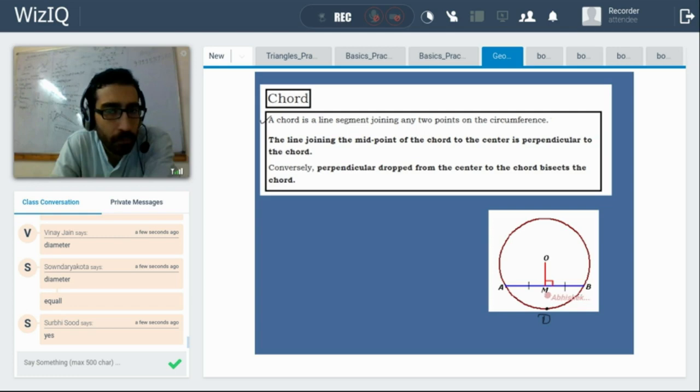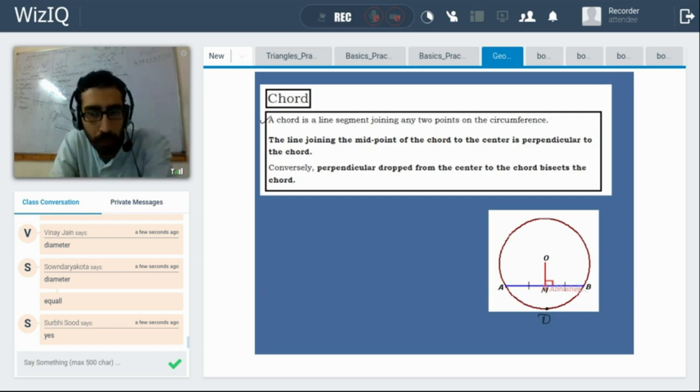Or the reverse is also true. The perpendicular bisector of chord AB will always pass through the center. This is also one way of seeing it. You start from the midpoint M of AB and draw a line perpendicular to AB, it has to pass through the center.